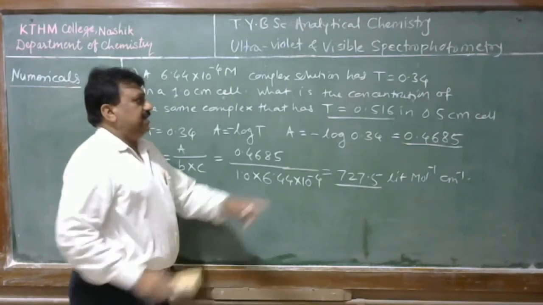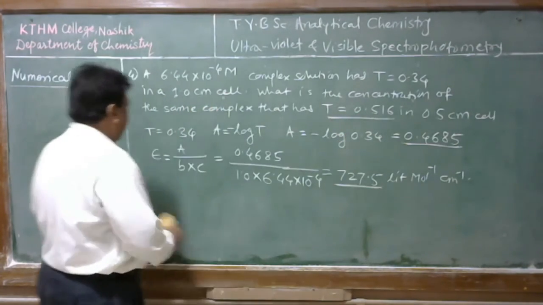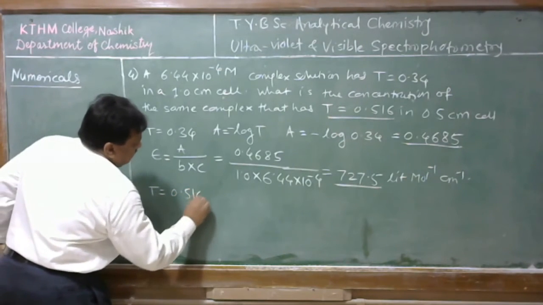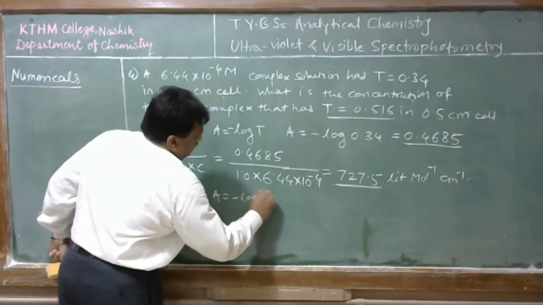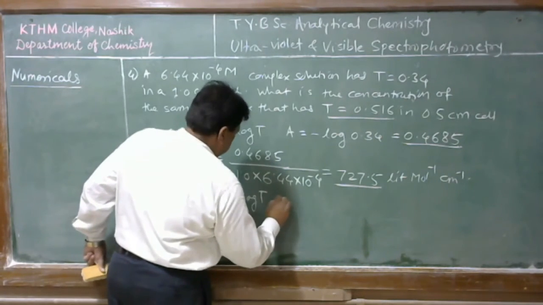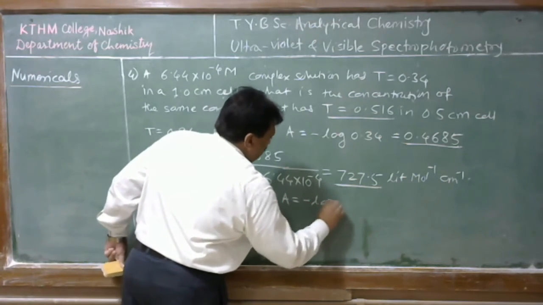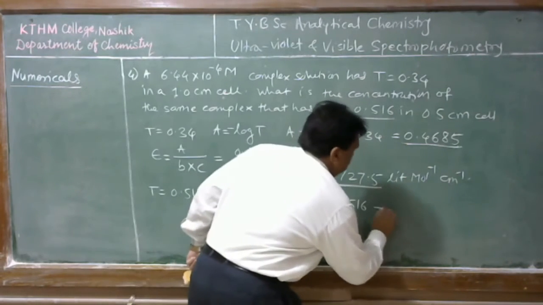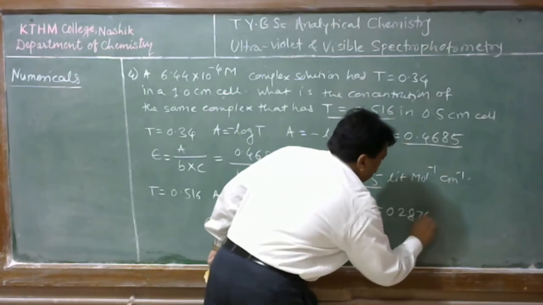Now for this second solution we have transmittance. Therefore here again T is equal to 0.516. Therefore again A is equal to minus log T. Therefore A is equal to minus log of 0.516, and this absorbance is equal to 0.2874.